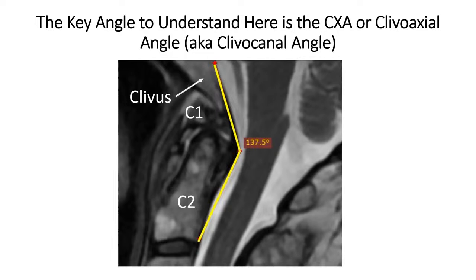Again, a key to understanding this is this clivoaxial angle. Just so everyone's clear on what that is, I'm going to review it real quickly. The skull is up here and C2 is down here. So it's this angle between the skull and C2, which indicates how far forward or backwards the skull tilts when you look down or look up.